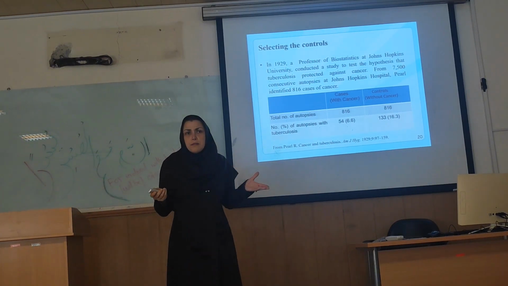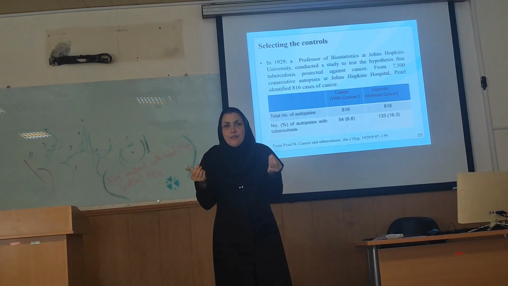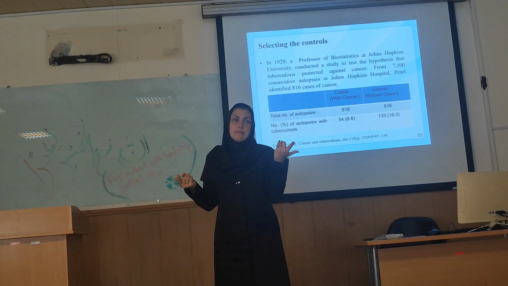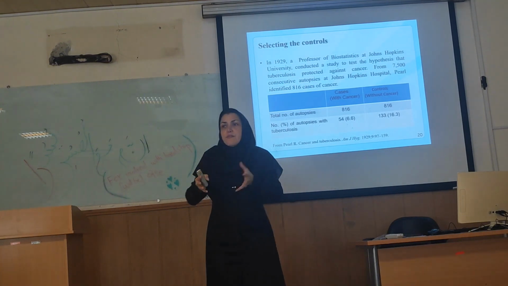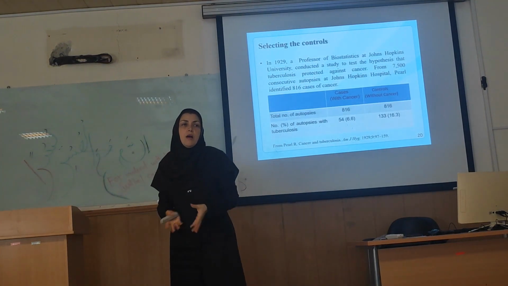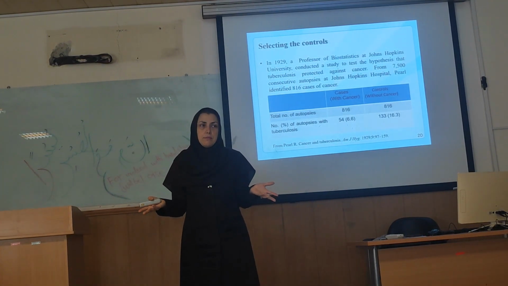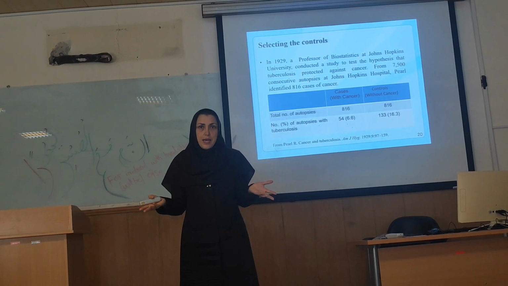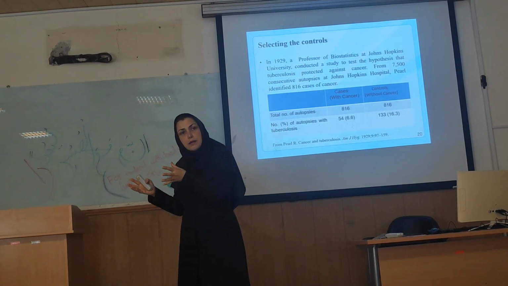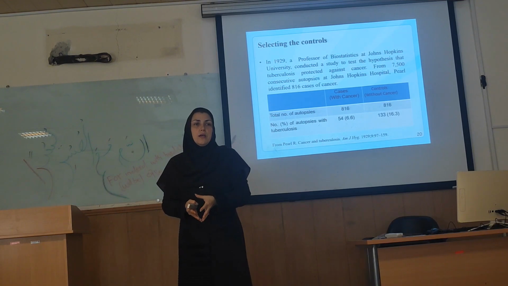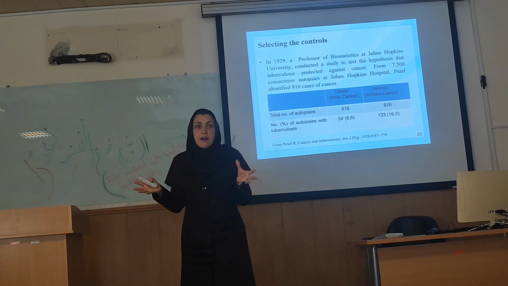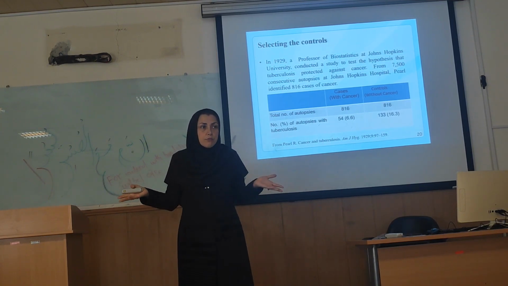We have one disease, and we know who are diseased. But we have so many types of controls. How can we select our controls from the community? Because the majority of our community are controls.